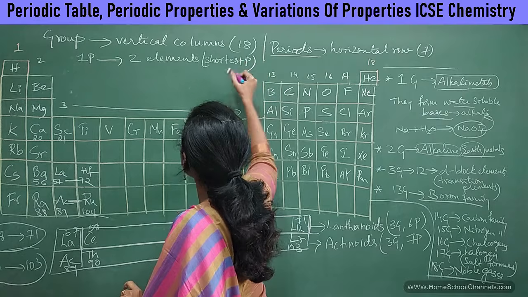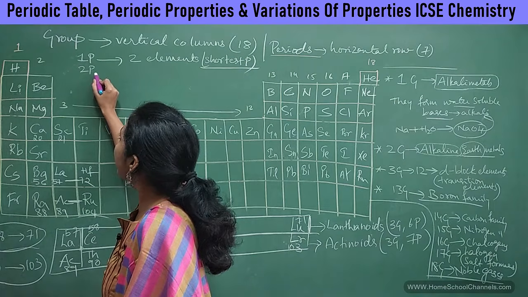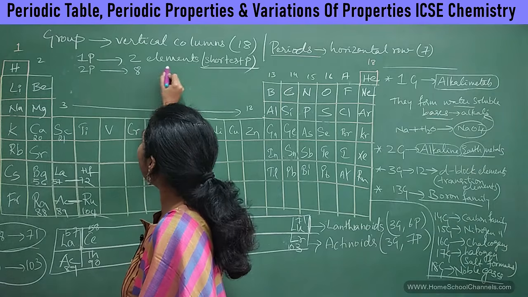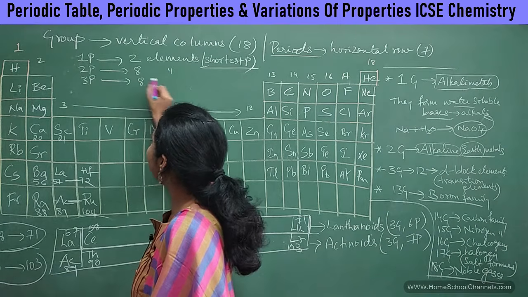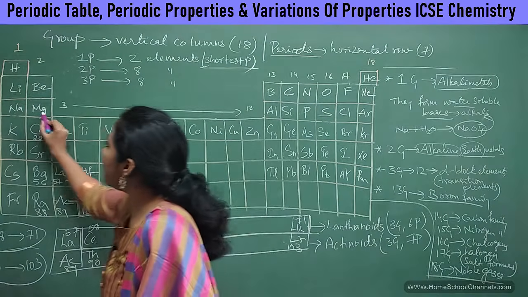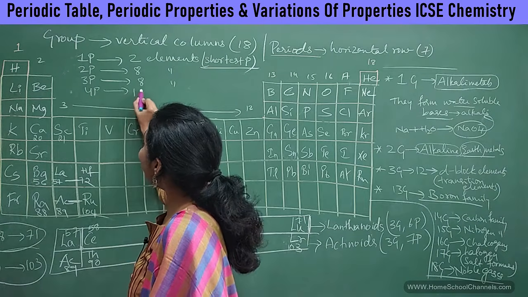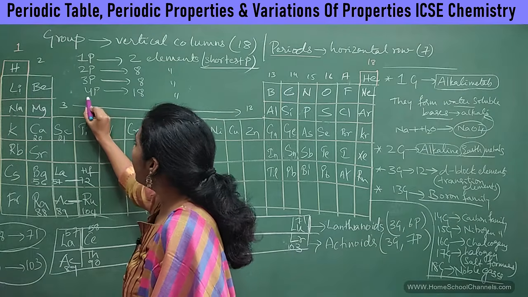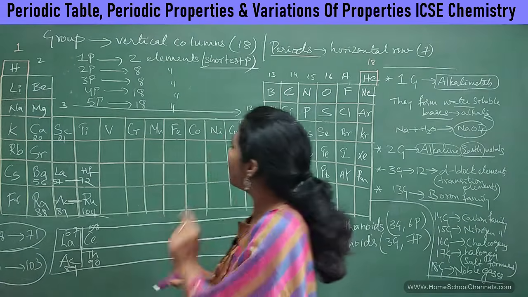Coming to the second period, you have 8 elements, and the third period also has 8 elements. The fourth period has 18 elements, and the fifth period has 18 elements.